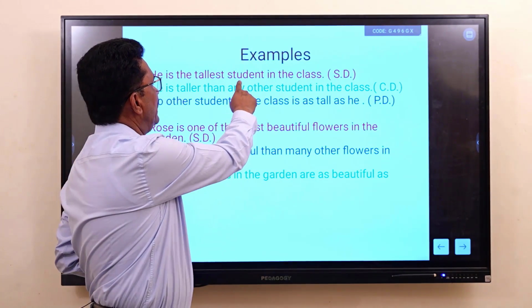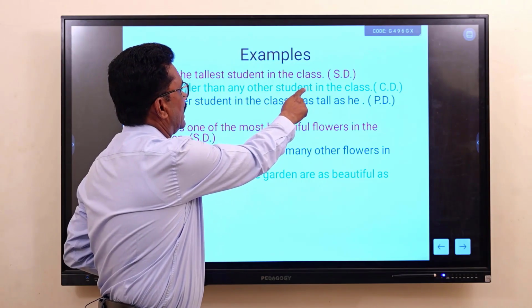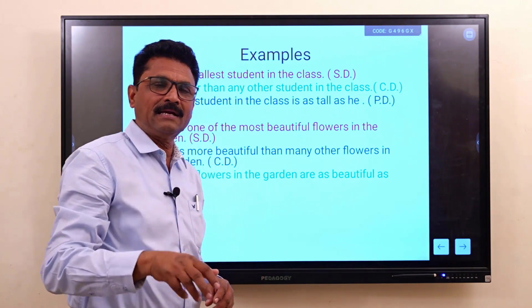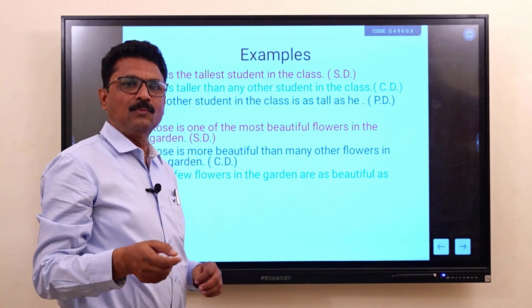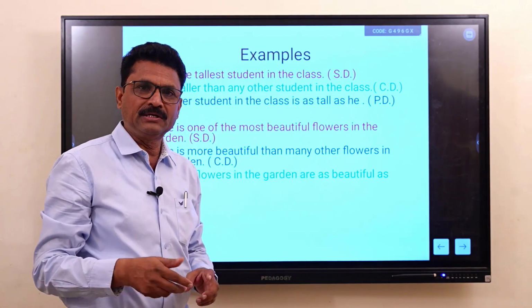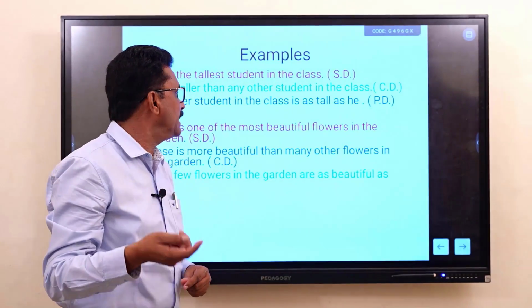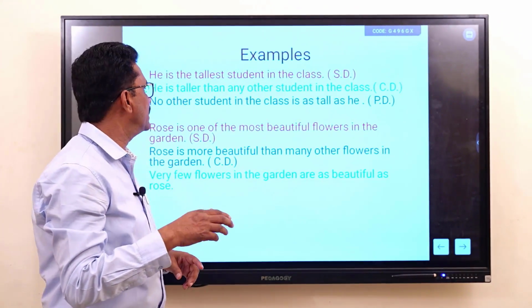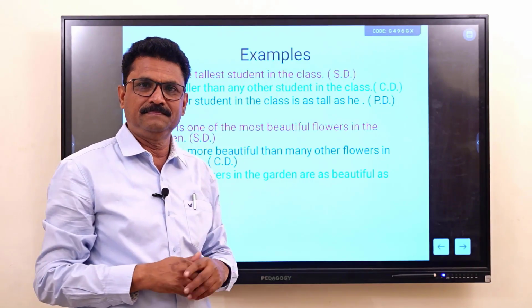Then the remaining words we have written here as they are. It means that while converting superlative into comparative, we can use the er participle for the adjective, and then we can use than any other.